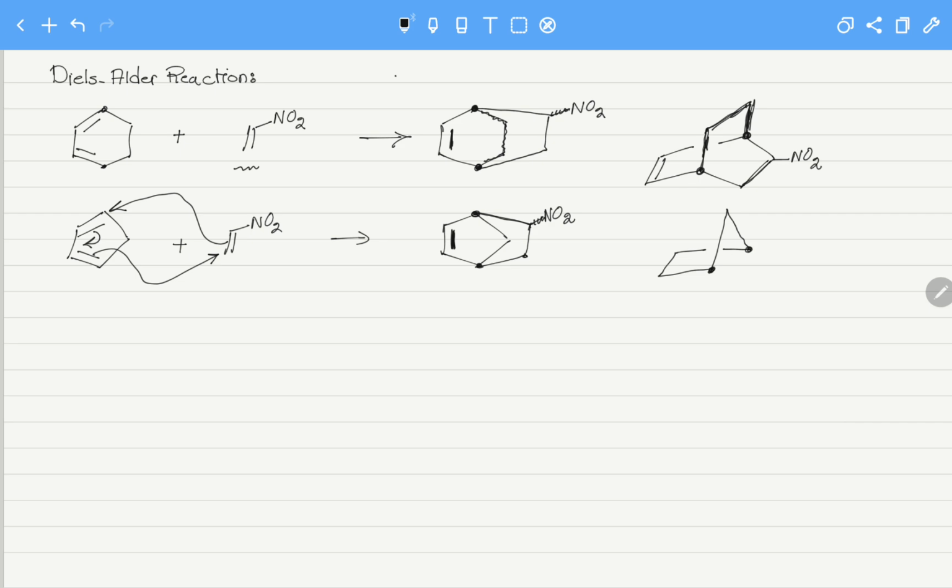Again, those are the base carbons of the diene, which are this one and this one here. This is your bridge, the double bond goes here, and then this is the rest of the molecule. Now, this is the basic structure, or the basic method, for doing the structure of the products of cyclic dienes.